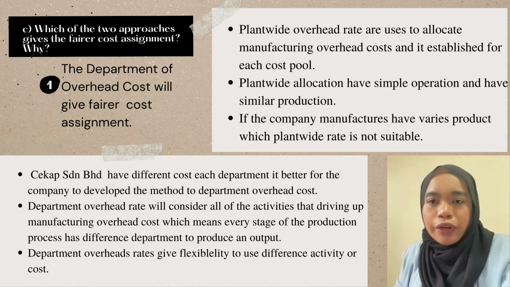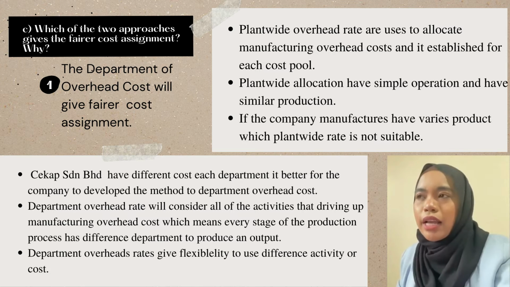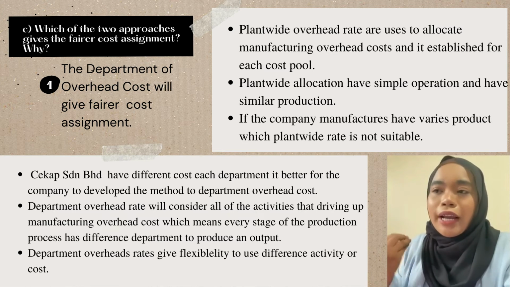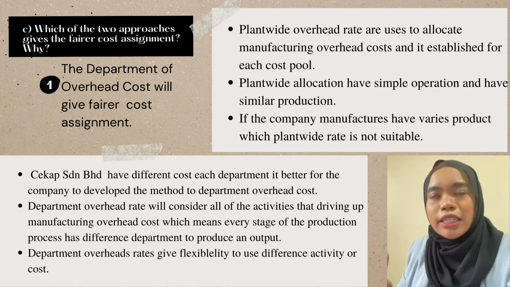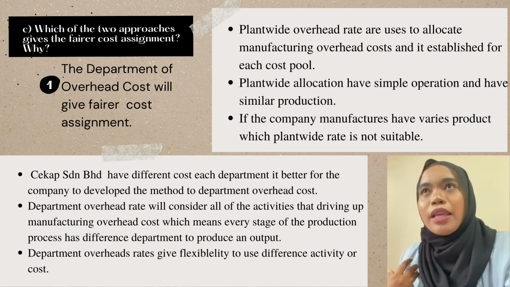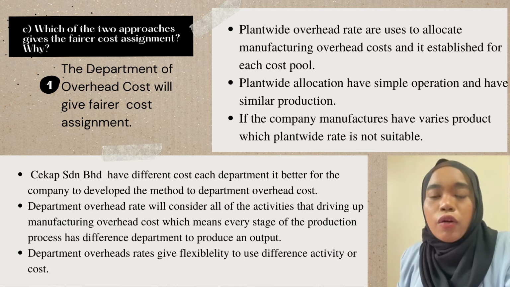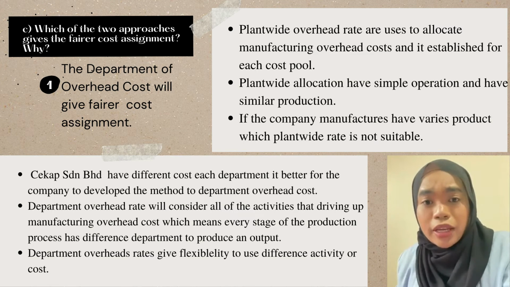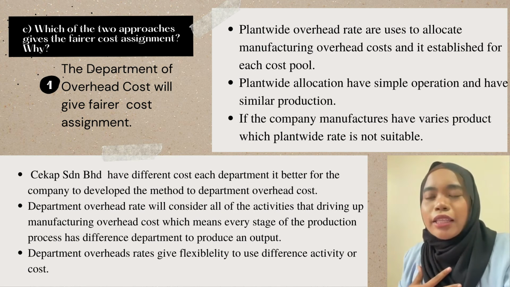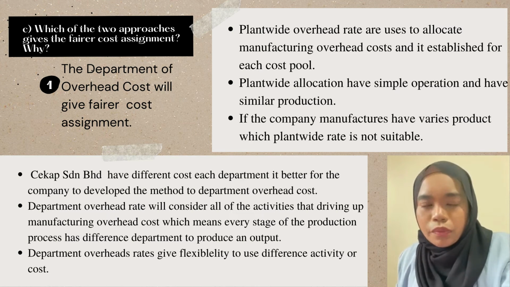So for Cekap Sendirian Berhad, even though they have almost similar jobs, which is job C11 and job C12, for me each department has a different value of overhead cost, and quite a big difference. To be fair, it's better for Cekap Sendirian Berhad to change to the department overhead rate.